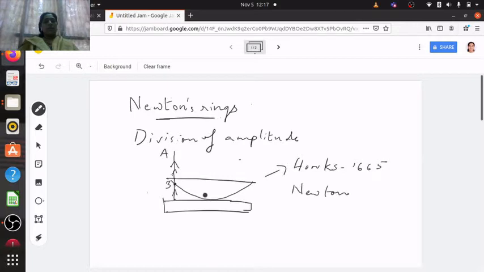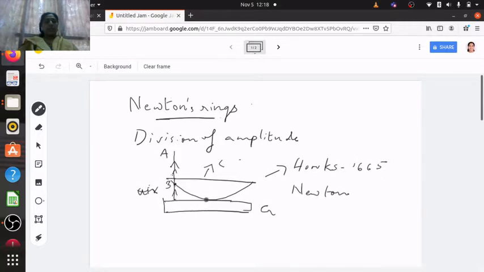As an interference pattern. A plano-convex lens of large focal length is placed on a plain glass plate, and a thin film of air is enclosed between this lens and the glass plate.